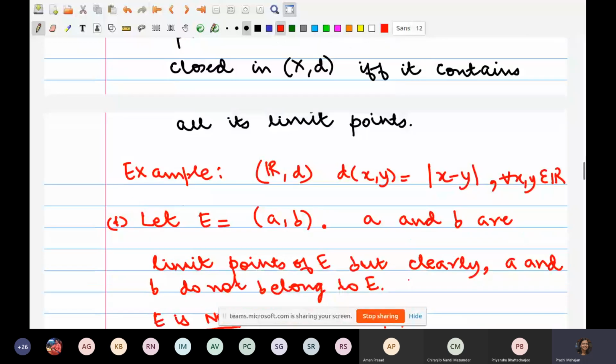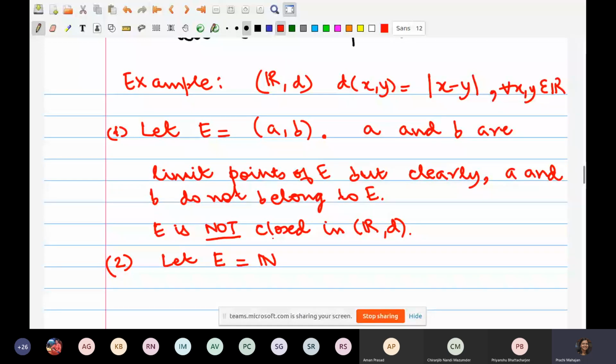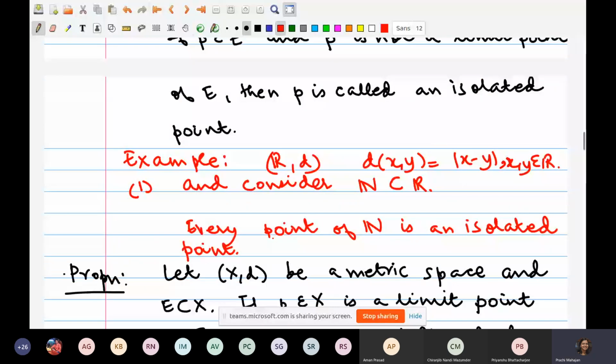Let's see one more example. Again we will just stick to the Euclidean line. Let's take E to be the set of natural numbers which we just discussed. Now, what did we discuss here? What are the limit points of the set of natural numbers?